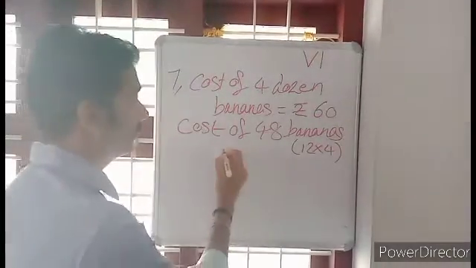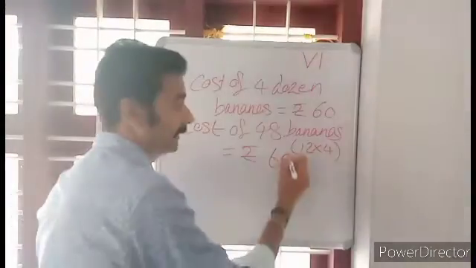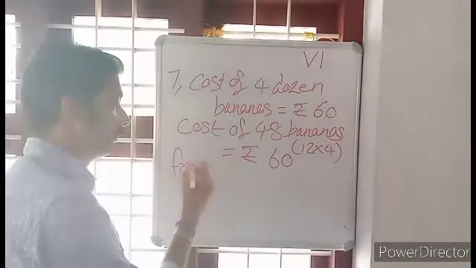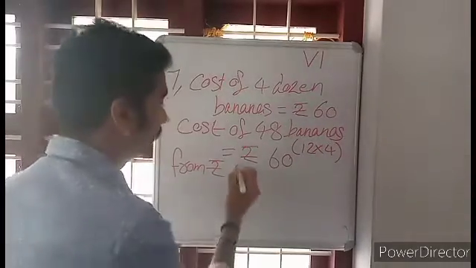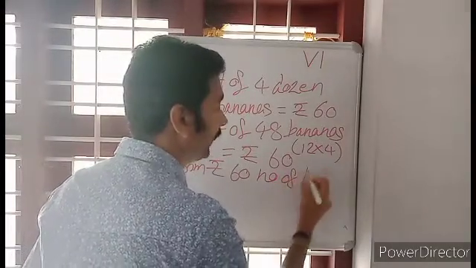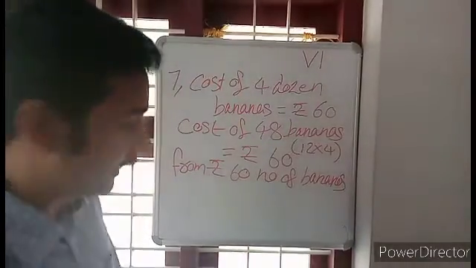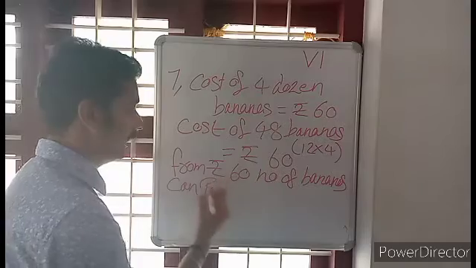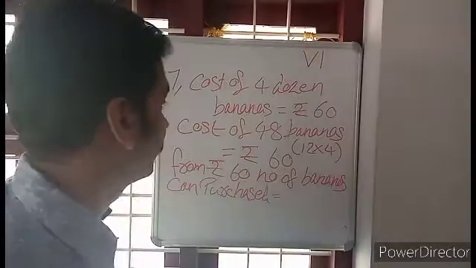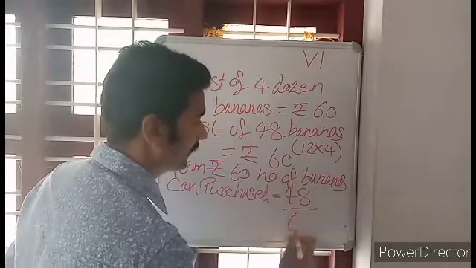That is rupees 60. From rupees 60, the number of bananas that can be purchased is 48 upon 60.